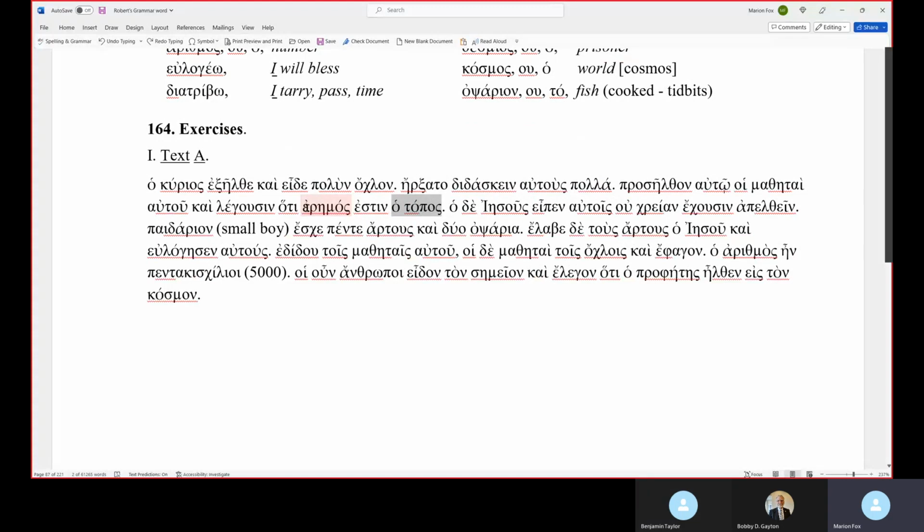And this doesn't have the article, so it's functioning as a predicate nominative, a predicate adjective doing the same thing. So they said that the place is a desert. I was just expecting a form of houtos or something to say this.